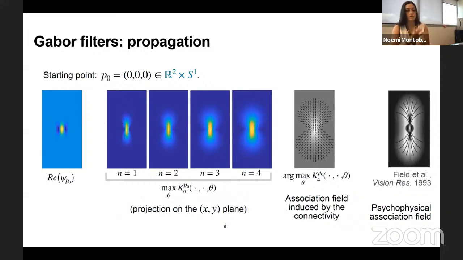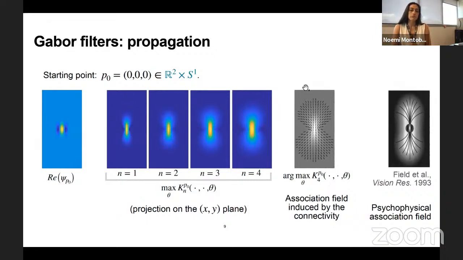So to visualize it, we project it down onto the XY plane by taking the maximum over the orientation theta. And we can also define an association field induced by this connectivity that is composed by the orientation theta that maximizes the kernel value at each XY point.